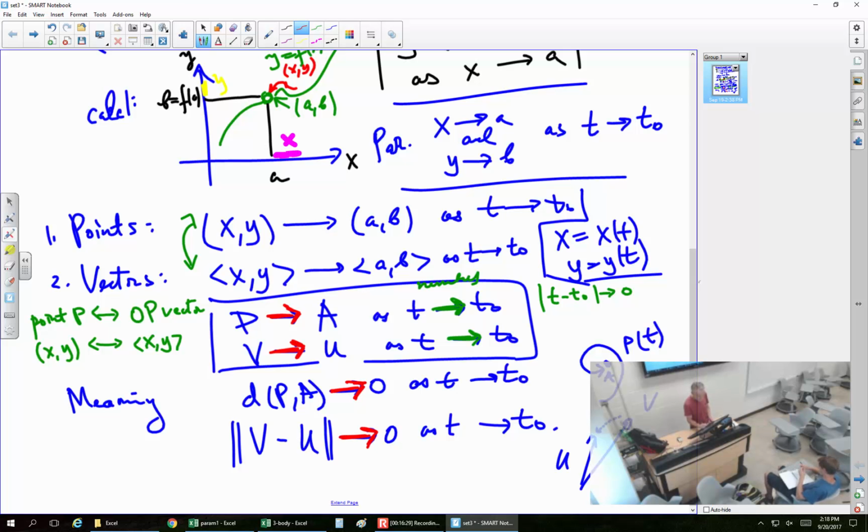It's either the distance between these 2 points. p is a point that depends on t, right? And what does it mean that p is approaching a? It means that the distance between those 2 points is going to 0. Okay, so if we're talking about the vectors, we take the difference of the 2 vectors, and we look at the magnitude of that vector.